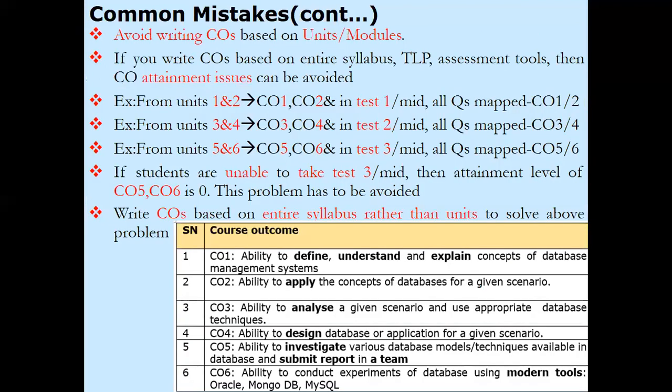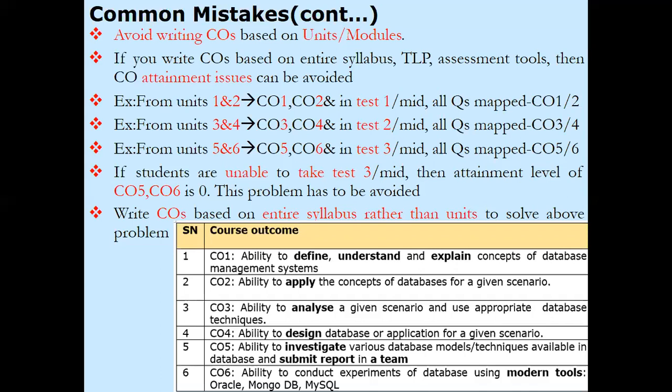Generally, this is what happens, especially at JNTU level, I mean university level, in the sense college level. Now, avoid writing the course outcomes unit-wise or module-wise. Why I'm saying this, there are certain reasons. Whenever you are writing the course outcomes, you have to take the entire syllabus, TLP and the assessment tool, and based on that you have to do it.